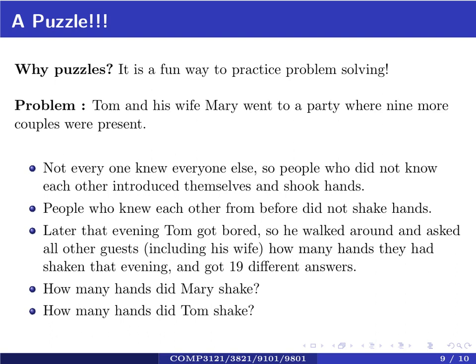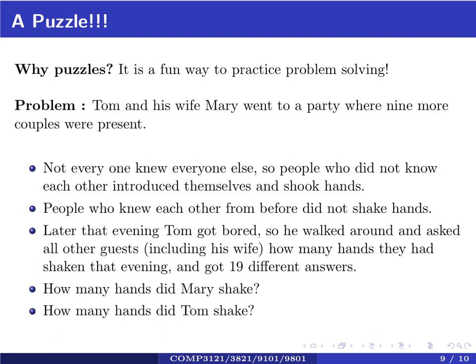So Tom and his wife went to a party where 9 more couples were present. Not everyone knew everyone else, so people who did not know each other introduced themselves and shook hands. People who knew each other from before did not shake hands.